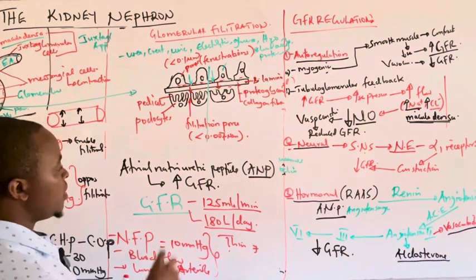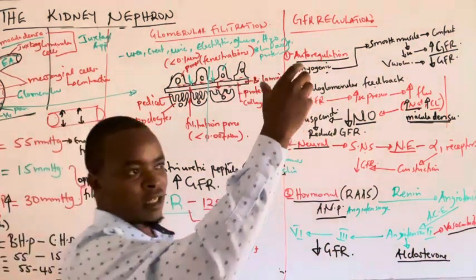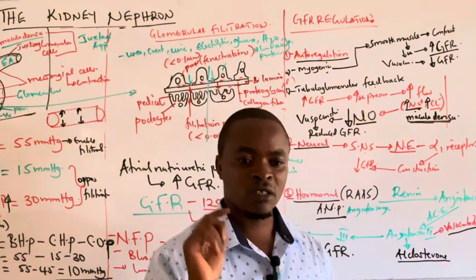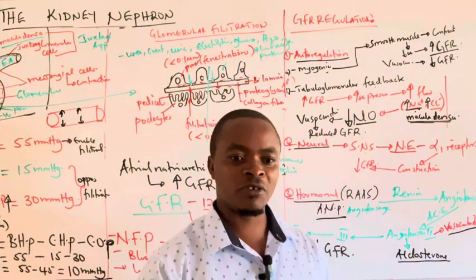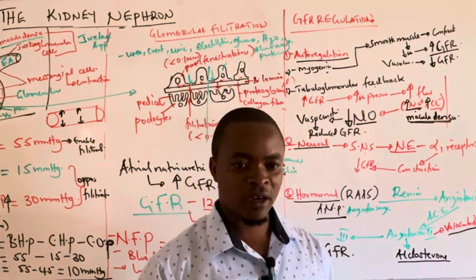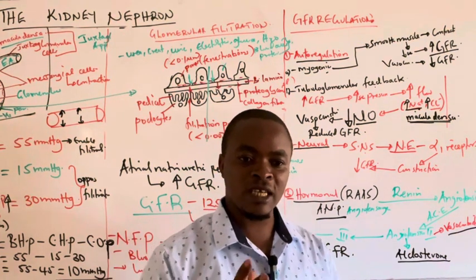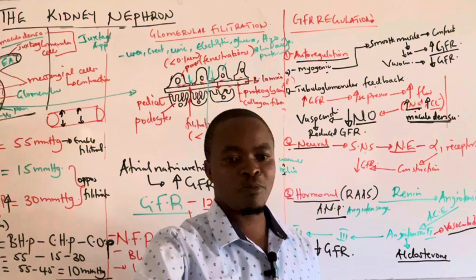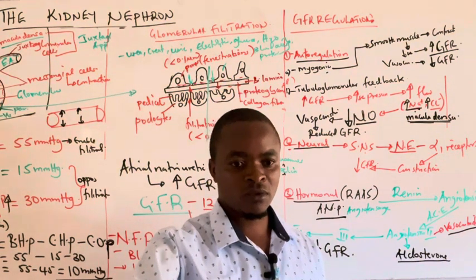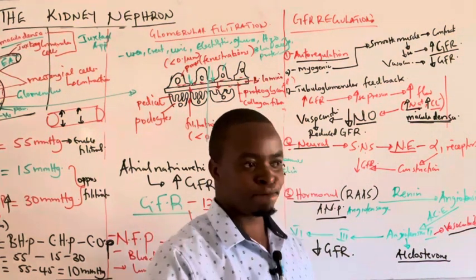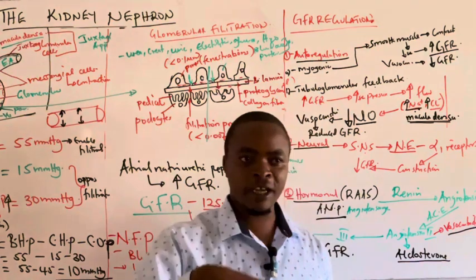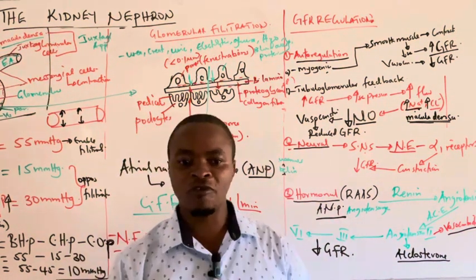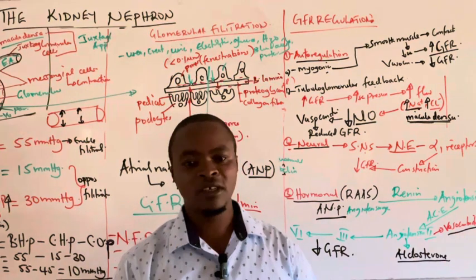So we see among all the regulations, their mechanism is to reduce GFR, except atrionatriuretic peptide, which increases GFR. Why? Because what triggers its production is an increase in the blood volume. And whenever there is an increase in the blood volume, more blood should be pumped to the peripheral tissue. So it causes the vessels, that is the afferent and the efferent arterioles, to vasodilate to allow more flow of blood, leading to increased GFR.